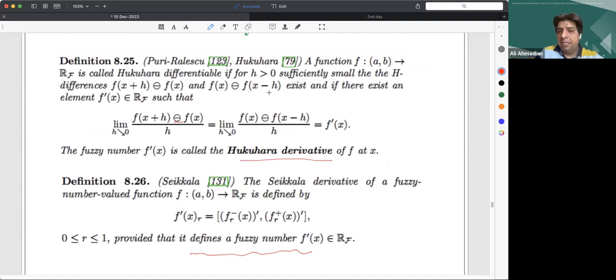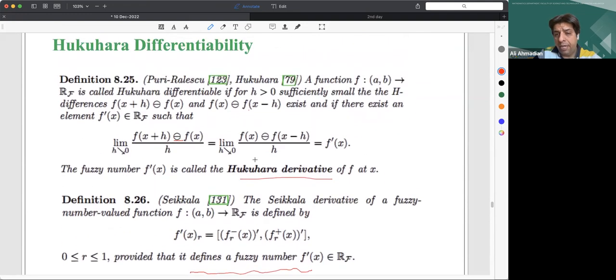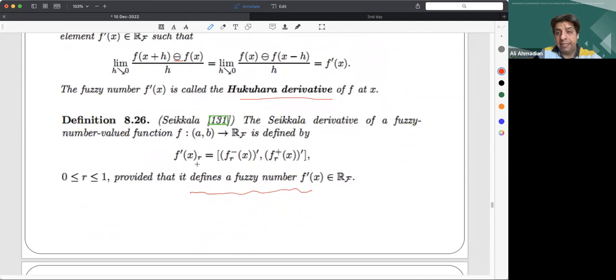You can see that this is the theoretical frame. Also in calculus, we do not usually work with the theoretical frame; we employ the practical one. So this is the theory, but in practice, the Stefanini derivative or Hukuhara differentiability or Hukuhara derivative is defined like this: the alpha-cut of f prime, provided that this f prime is a fuzzy number.